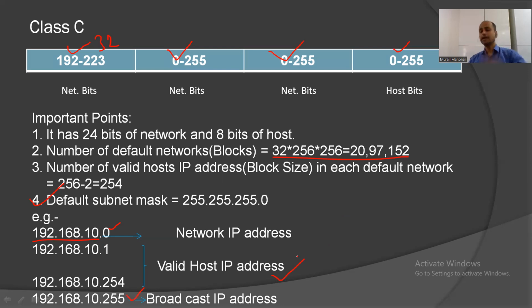And mostly we see that 192.168 class C IP addresses are used in nets. Suppose you are sharing your internet from your phone to different nodes like different phones and laptops.